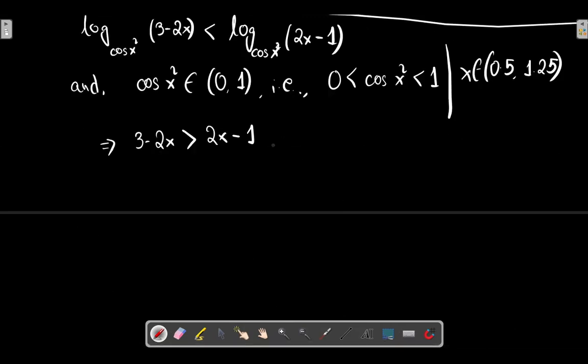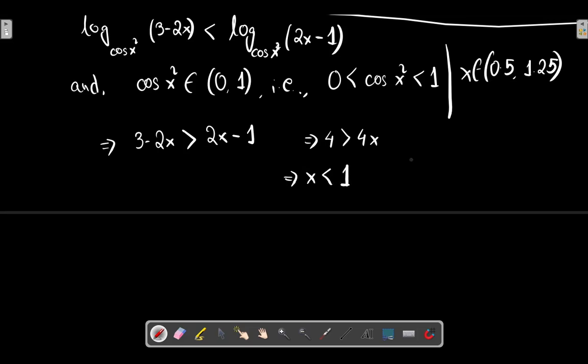So this will have to happen. Since this base is between 0 and 1, this inequality will change. So if we change the sides, 4 will come to the left hand side, 4 will be greater than 4x. So this implies that x will be less than 1.